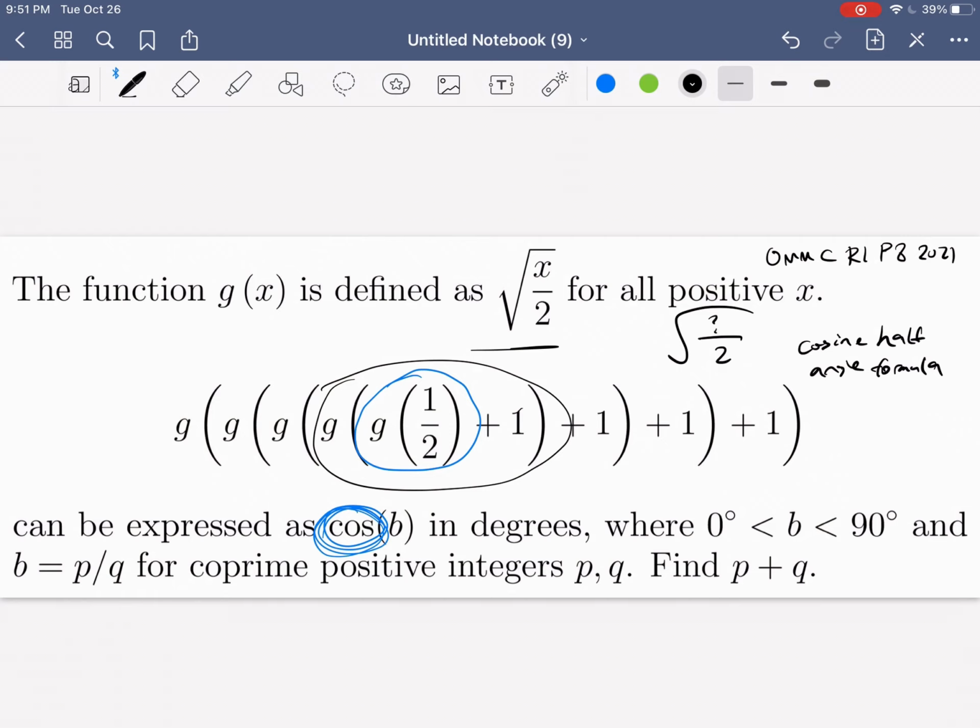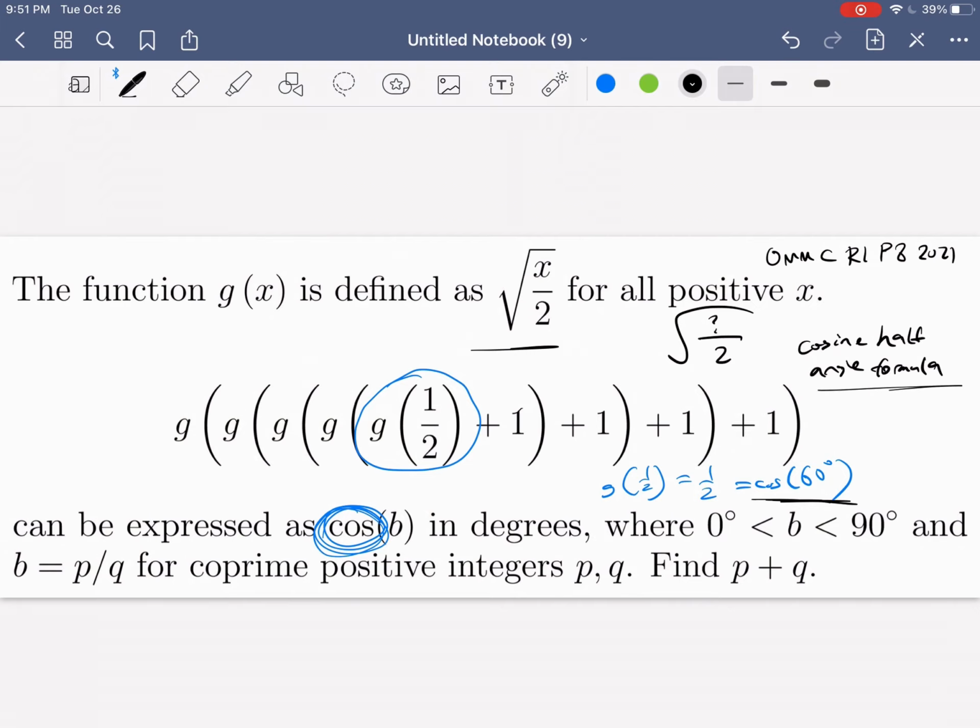So what does g of 1/2 evaluate to? It actually turns out that g of 1/2 evaluates to 1 over 2, which is equal to cosine of 60. Now that we have this, everything starts to make sense, because now we can apply the cosine half angle formula.